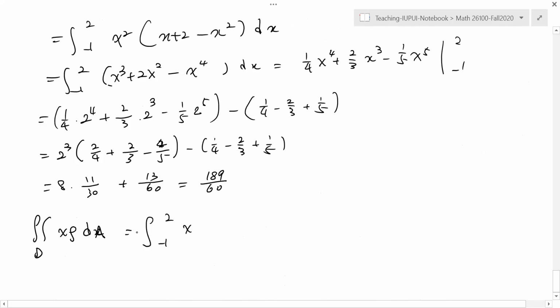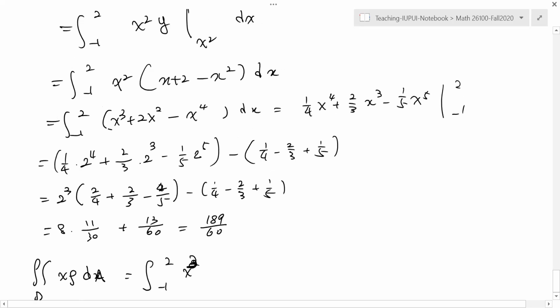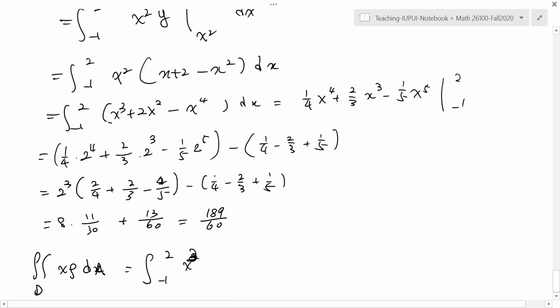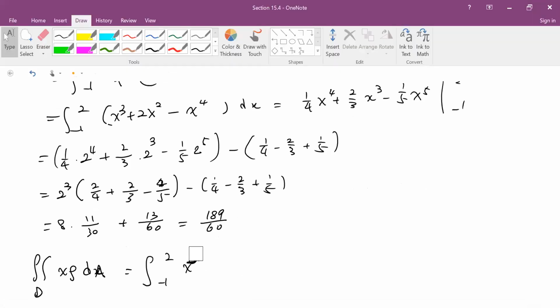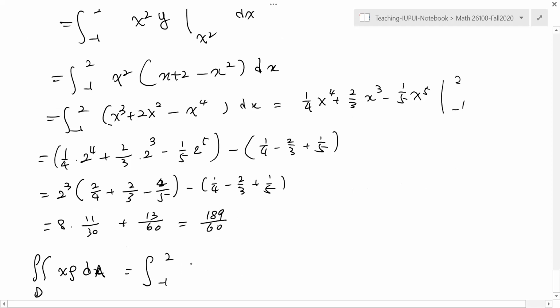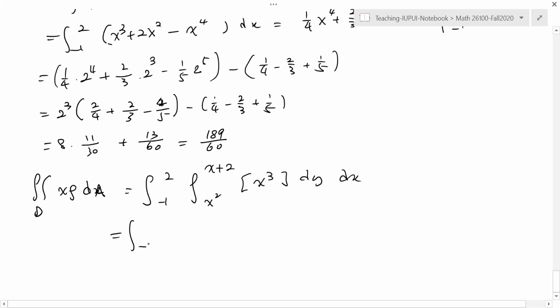Let's set up the integral. x times rho will be x times x squared, so x cubed. This is still from x squared to x plus 2, and the function is x cubed, with dy and dx. The only difference is x cubed times x plus 2 minus x squared dx.